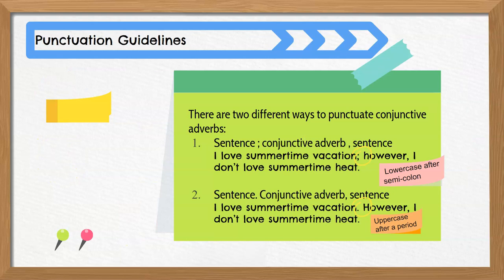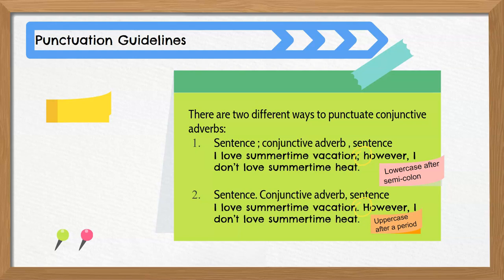Let's focus on punctuation. There are two different ways to punctuate conjunctive adverbs. Number 1. Sentence, semicolon, conjunctive adverb, comma, sentence. It looks like this. I love summertime vacation; however, I don't love summertime heat.